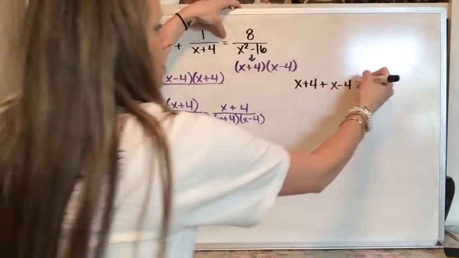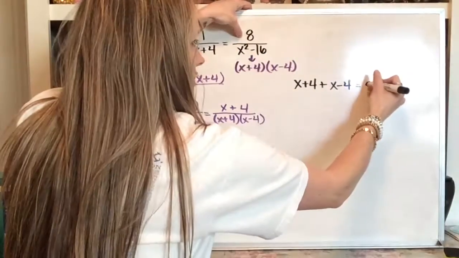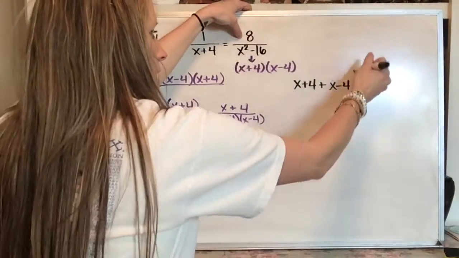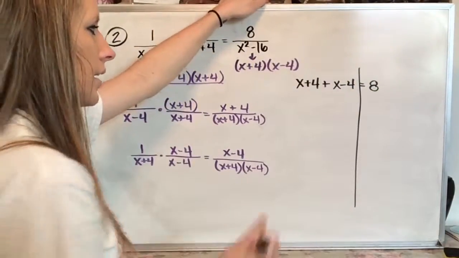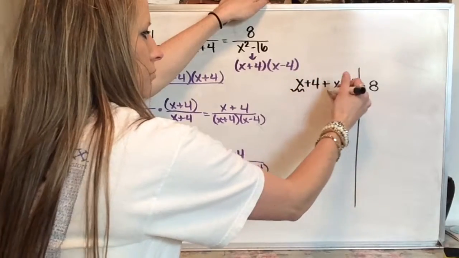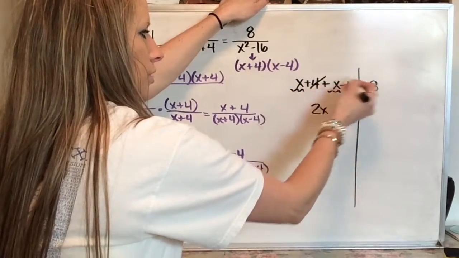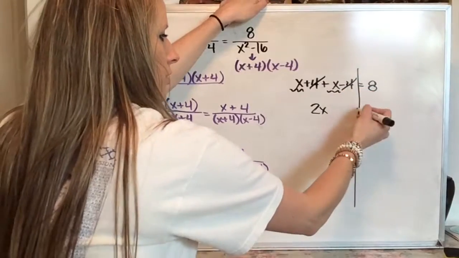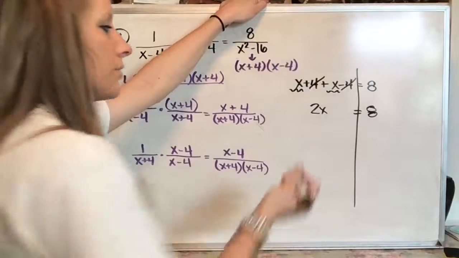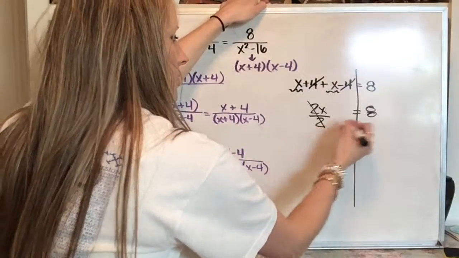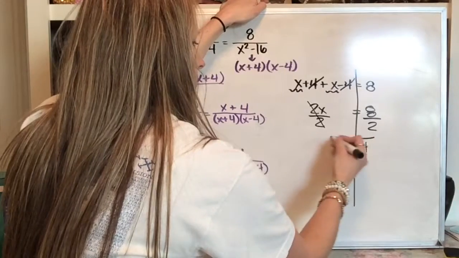And then equals, and my last fraction didn't change, that's going to stay 8. Okay, and now I can solve. Combine like terms, so x plus x is 2x, 4 minus 4, those will cancel. So 2x equals 8. Solve for x, so divide by 2, and x equals 4.